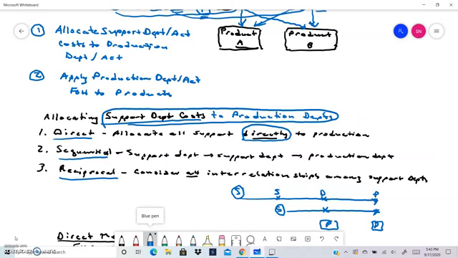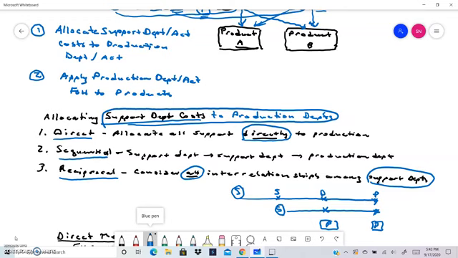Reciprocal is the last one, and that would be taking into account all the interrelationships between all of the support departments. So for instance, in the janitorial maintenance example, we might have the janitorial service providing some services to maintenance, keeping the maintenance area clean, etc. On the other hand, we might also have maintenance providing support to the janitorial service.